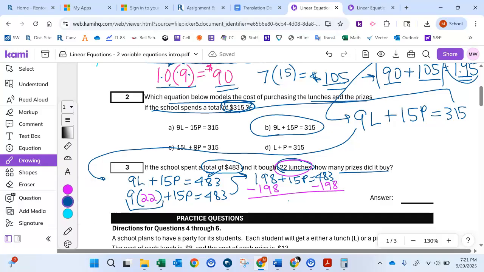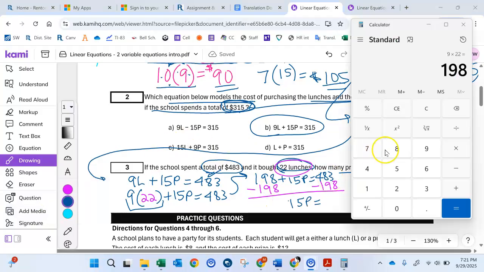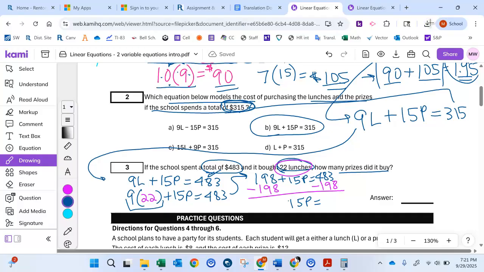So I get, this goes away, and I get 15p equals, and I have to use my calculator for the other. So I get 483 minus 198, and I get 285. So this equals 285. Then I get 15 prizes is equal to 285.